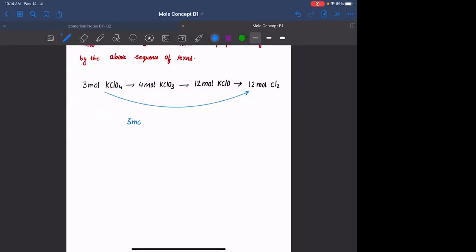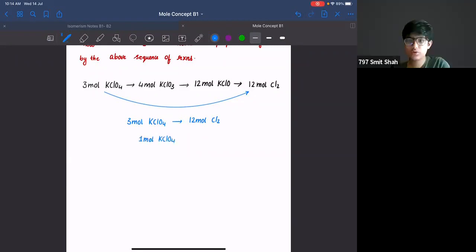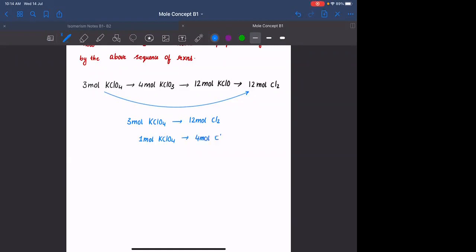Yes. 3 mole KClO4 is obtained from 12 mole of Cl2, or else for 1 mole KClO4 कितना लगेगा? 4 mole Cl2.